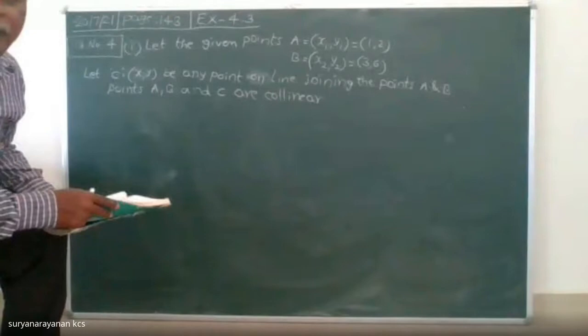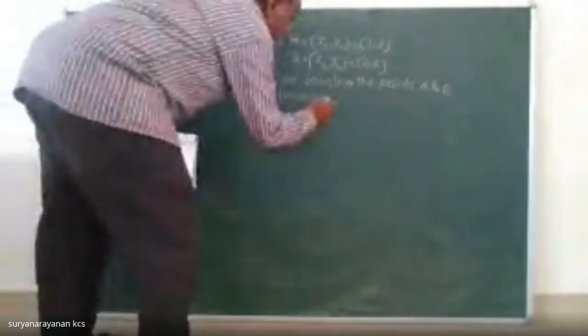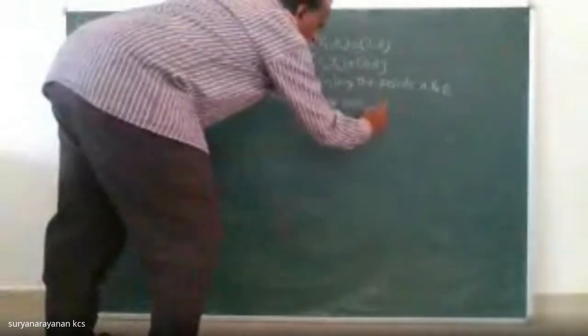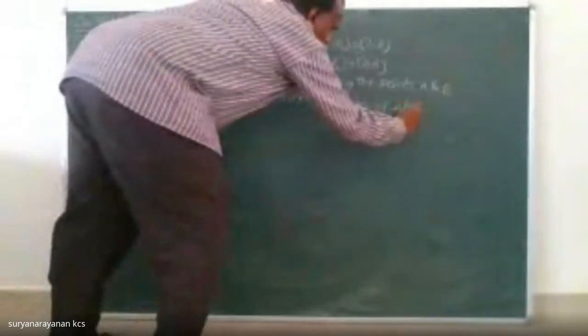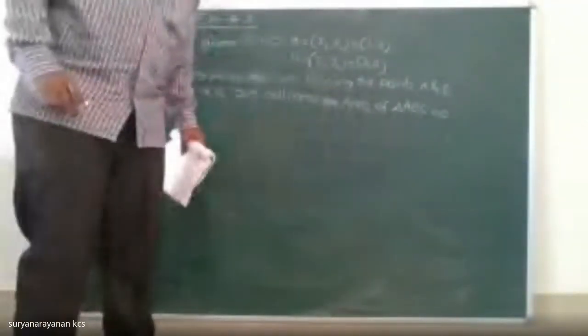Yes, 0 units. This implies the area of triangle ABC is equal to 0 square units.